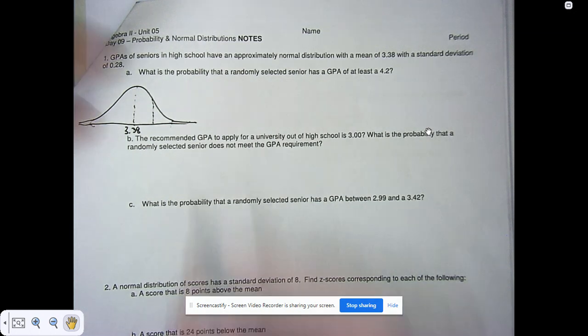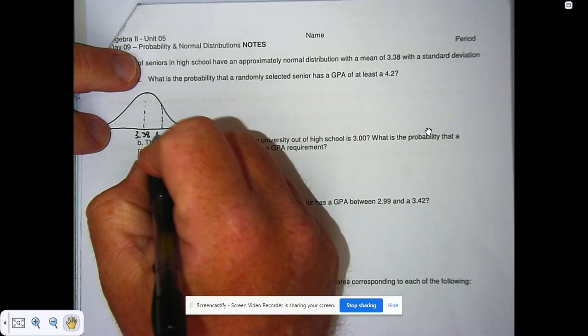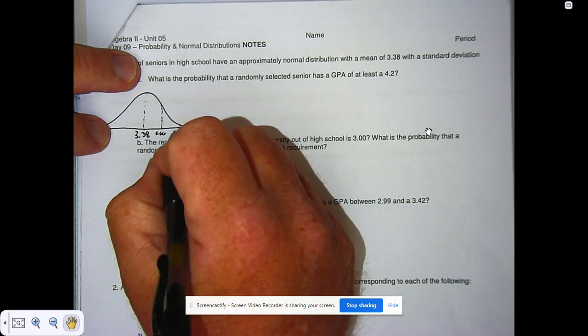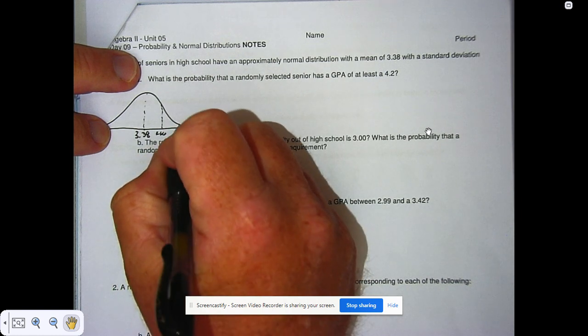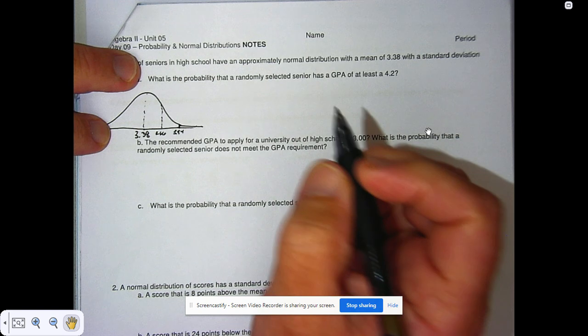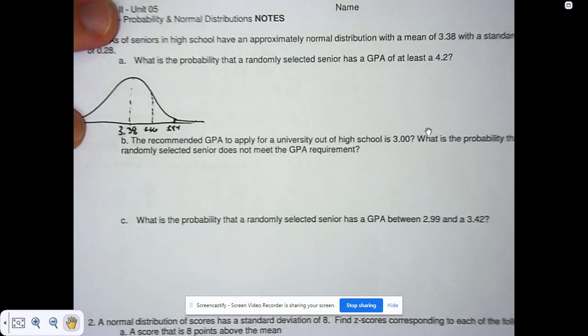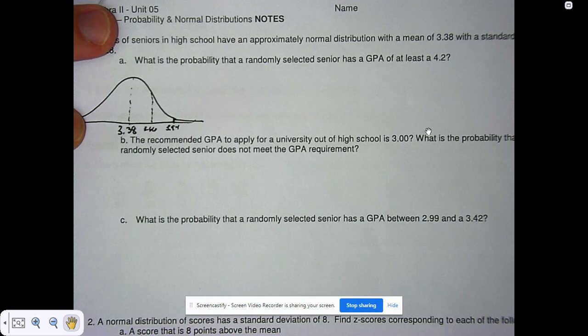It's going to give us 3.66. Another one's going to be 3.94. That's 2 standard deviations. And another standard deviation would be 4.22.